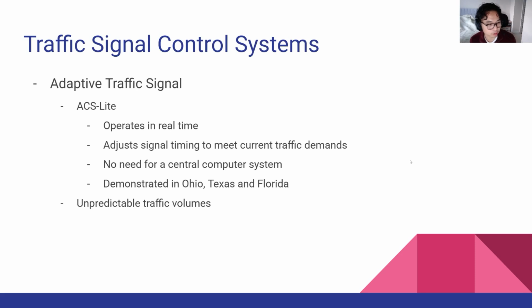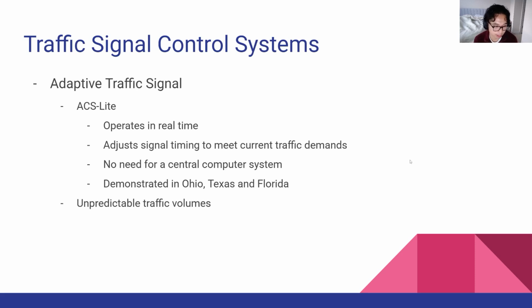All right, so now to introduce what an adaptive traffic signal is, which is what this study is about, and specifically ACS Lite, it basically operates in real time and it adjusts signal timing to meet current traffic demands. And in this case, there's actually no need for a central computer system.